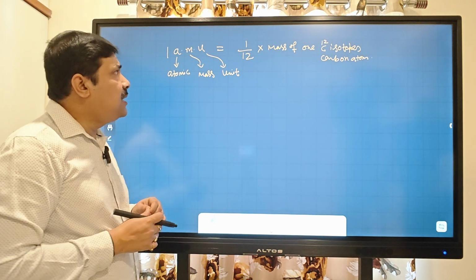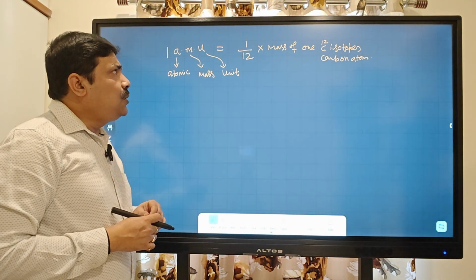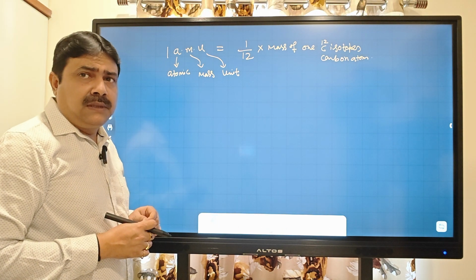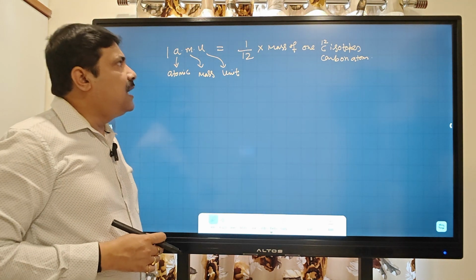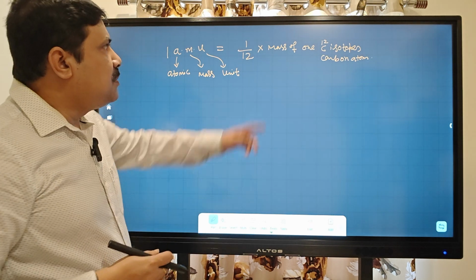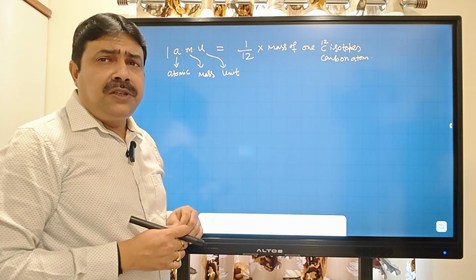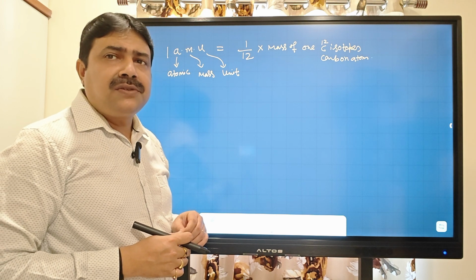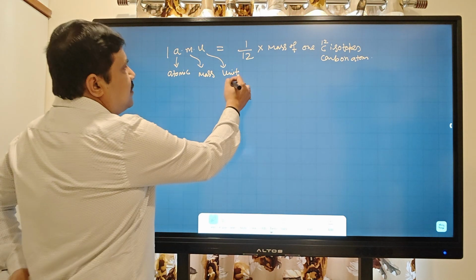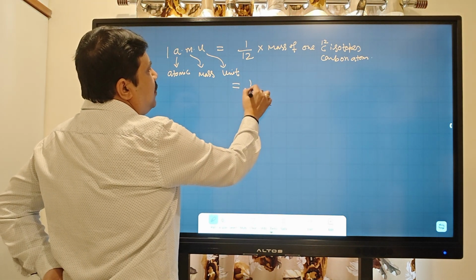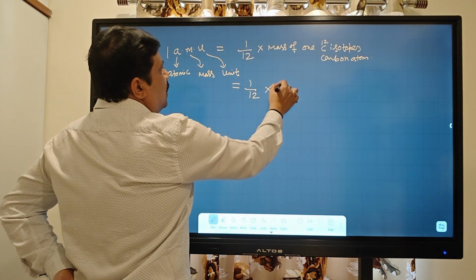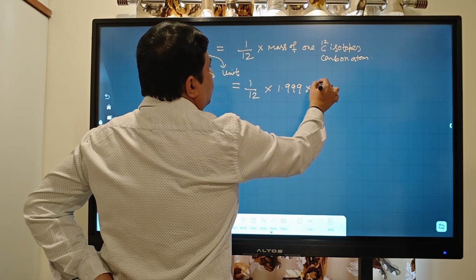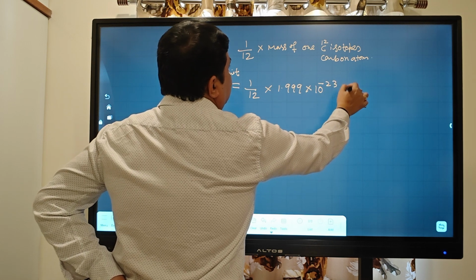So now look at 1 AMU. 1 AMU is nothing but 1 by 12 into the mass of 1 C12 isotope carbon atom. And scientists got this value by calculations. The mass of 1 C12 isotope atom in gram is 1.99 into 10 power of minus 23 grams. So this will come: 1 by 12 into 1.99 into 10 power of minus 23 gram.